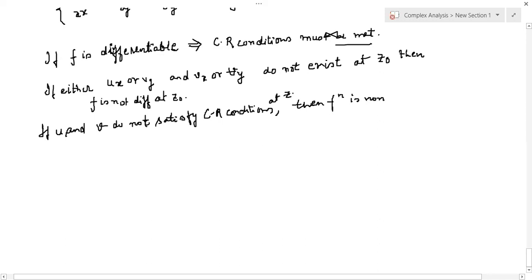So these are necessary conditions, okay? But these are not sufficient conditions. It doesn't imply whatever I have stated, I cannot state the converse. So the converse is not true.